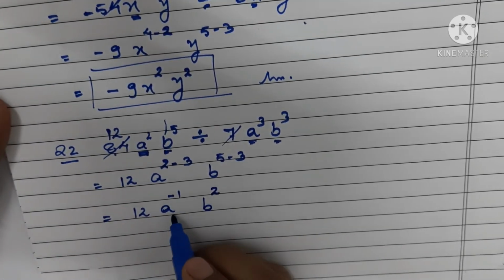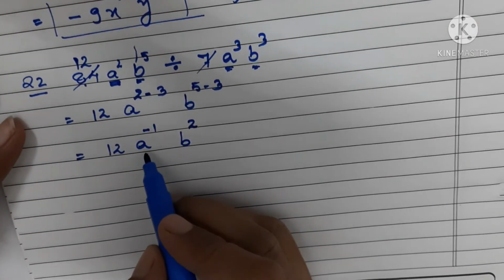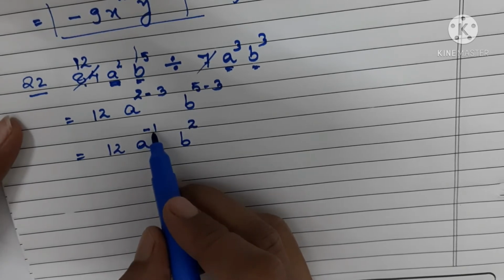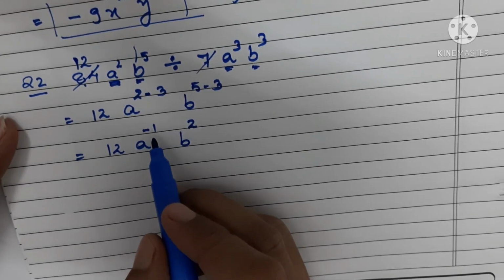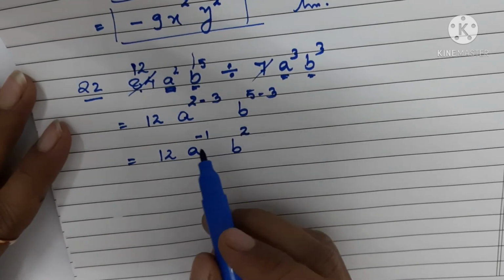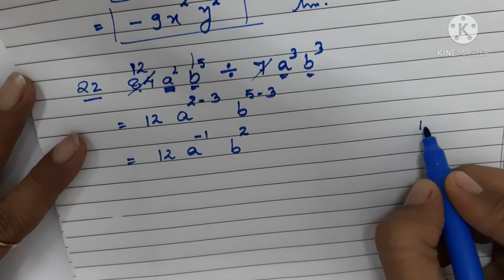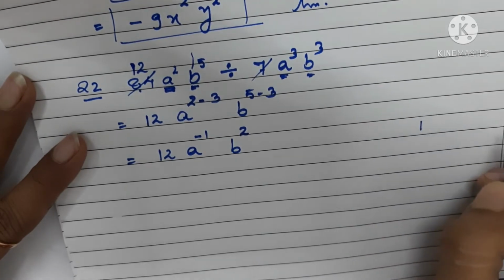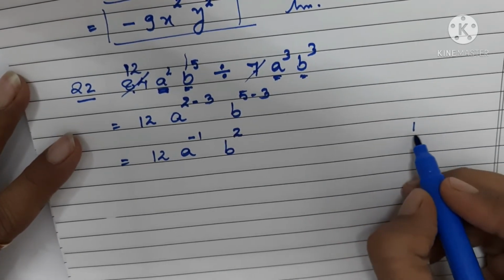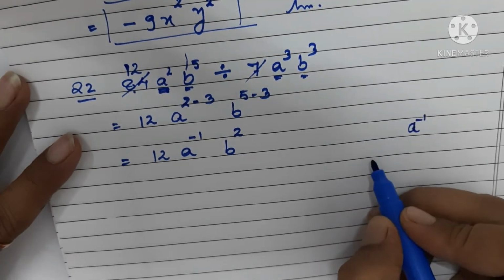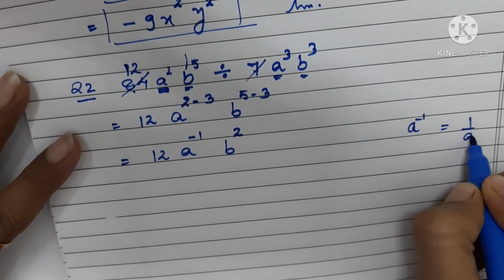Now, we cannot say that this is the answer, since you can see that the variable a has a negative power, which is not in standard form. To make it positive, we know from the exponent law that a to the power minus 1 is written as 1 upon a.